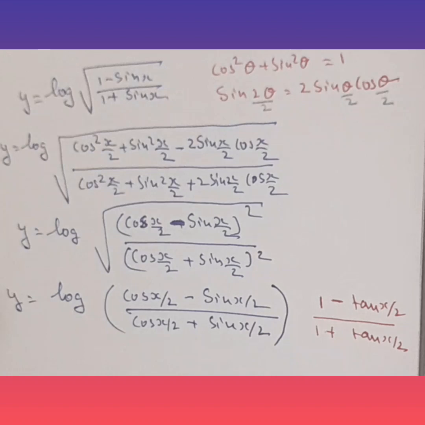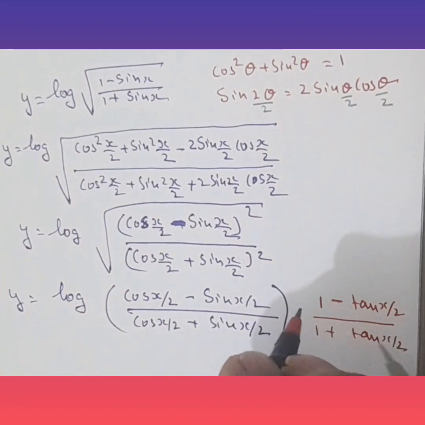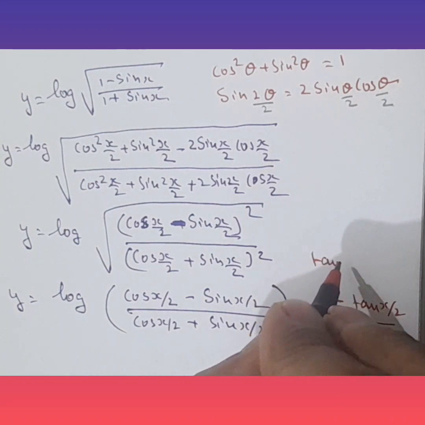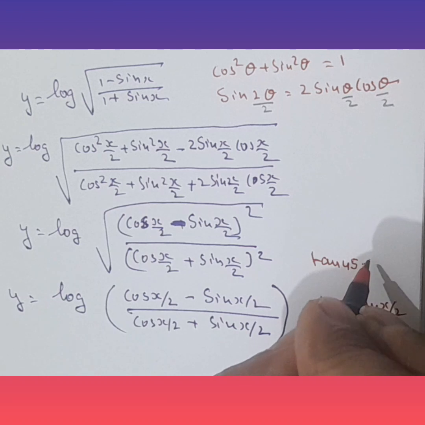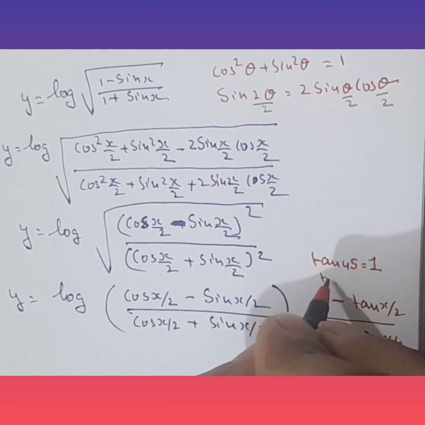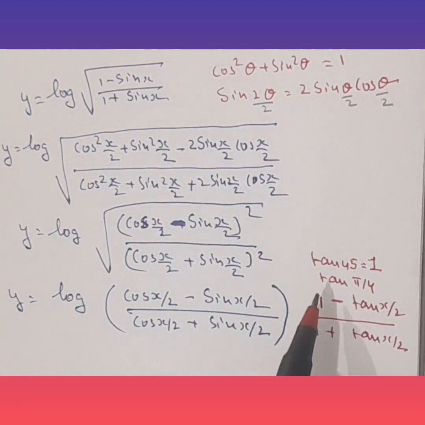Now yet another thing that you should be aware of is tan 45. What is tan 45? Tan 45 is 1, and that is tan pi by 4. Tan 45 is 1, and that is also equal to tan pi by 4.